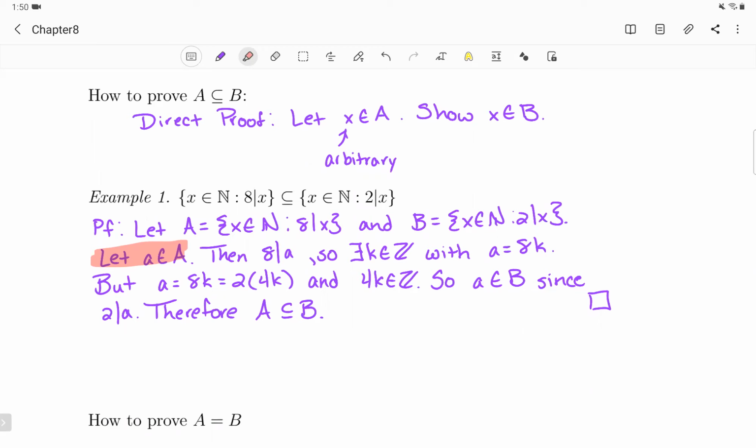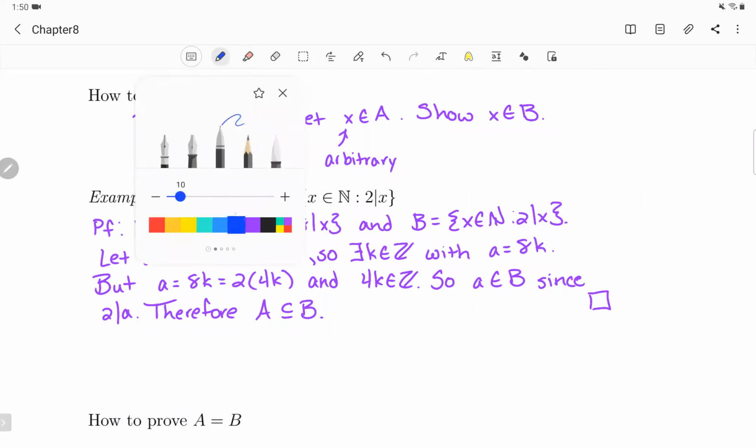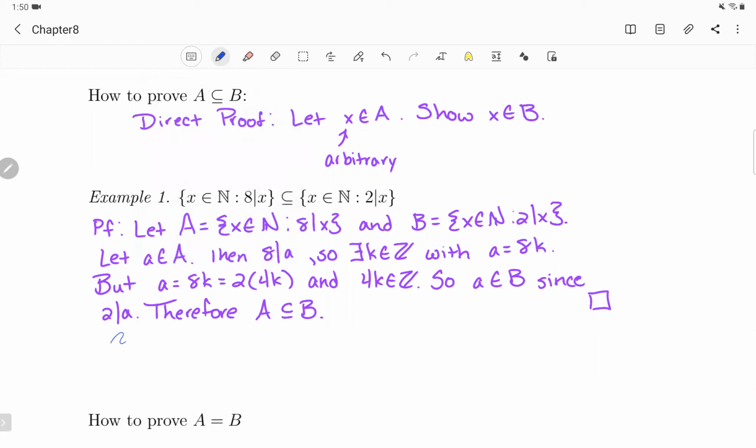The empty set is always a subset. So some proofs will actually add in a line at the beginning that would say if A equals the empty set, then A is a subset of B. And then they would say, if not, and continue.